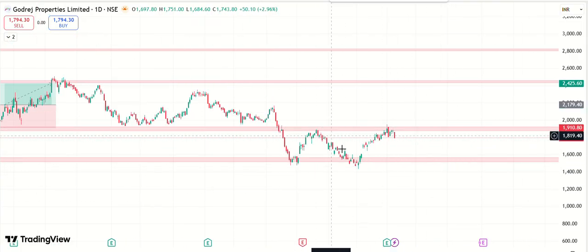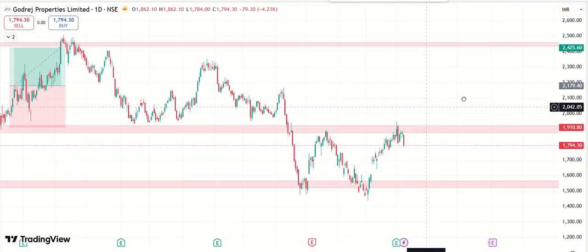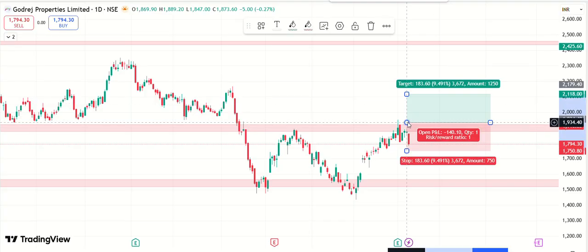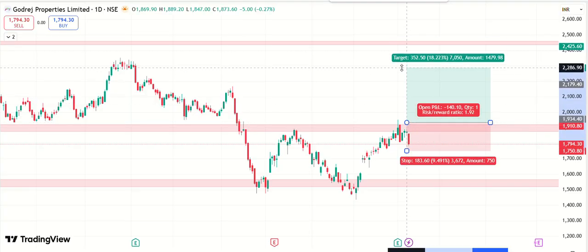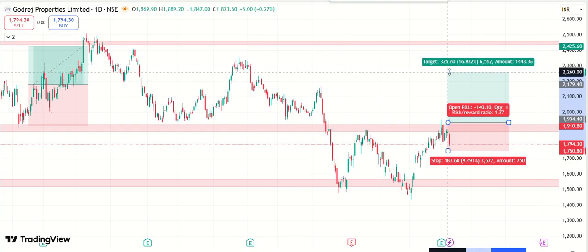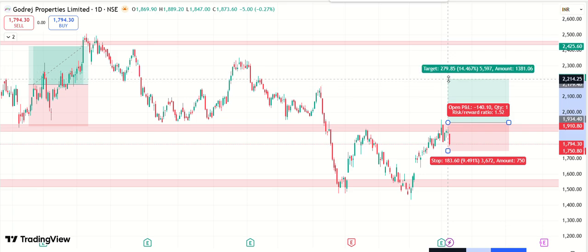Again it came back to support and took it, and now it is at the resistance. If it breaks the resistance again, we can go up to this area, around 14 percent.